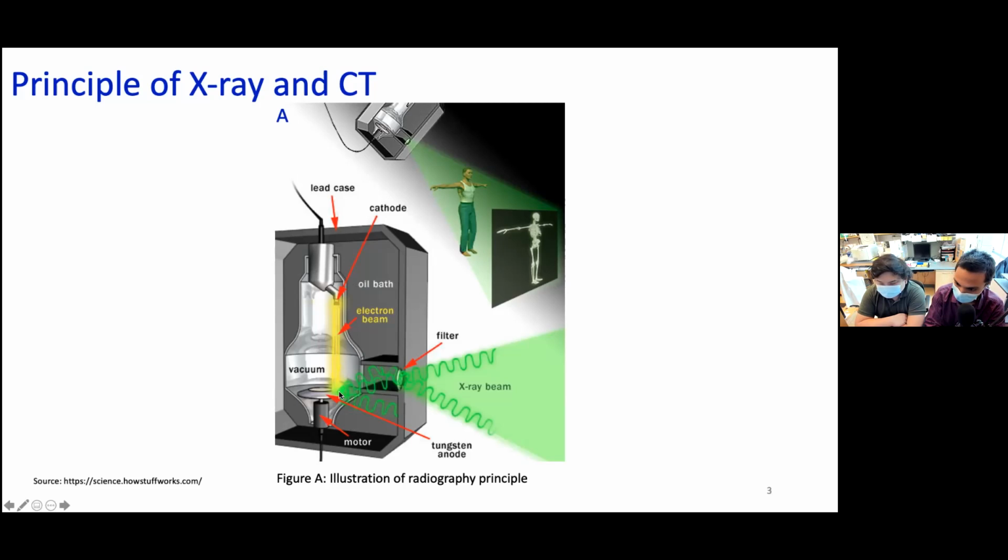Then the X-ray beam is generated, and there's a pre-filter which filters out the low energy radiation, and then the X-ray beam is projected over the patient or the object that we are analyzing. In the figure, you can see the person standing, and to keep in mind, when the X-rays are projected, the shadow is cast over the detector.